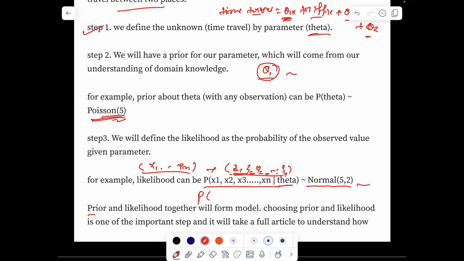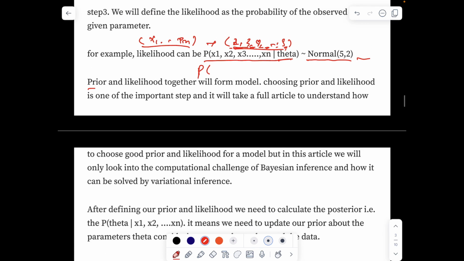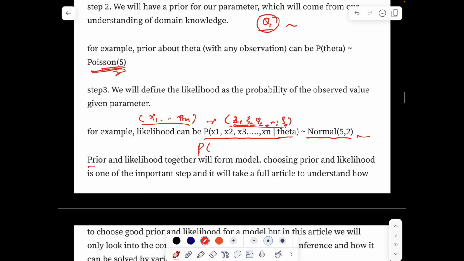Given both this prior and likelihood, we now have to update the knowledge about our theta. What I meant is that, okay, let's say we have some knowledge about our theta, which we are calling a prior, and now we have observed the data.